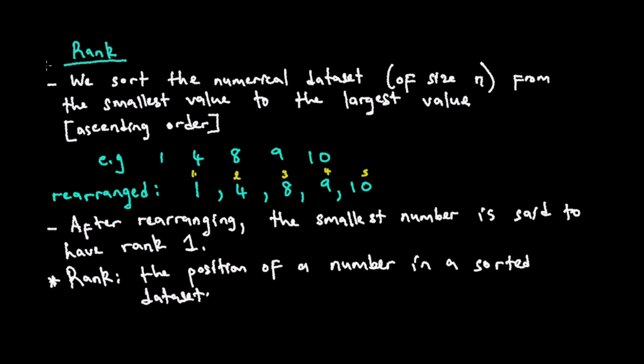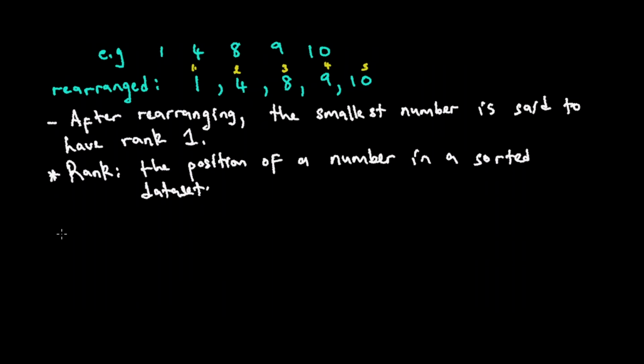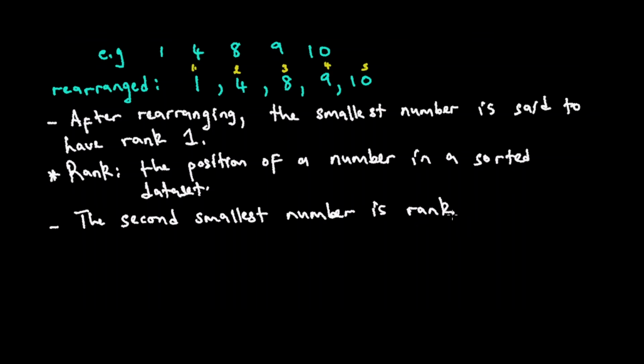Maybe let us write this so that it makes sense. So here we are saying the second smallest number is rank 2, and we keep going: rank 3, rank 4 and so forth.